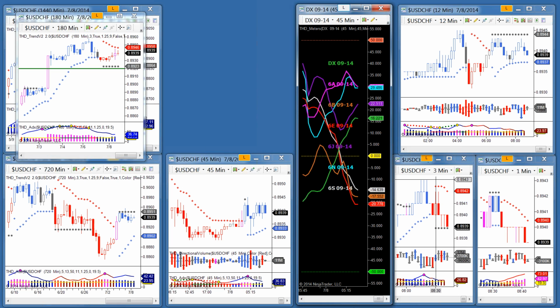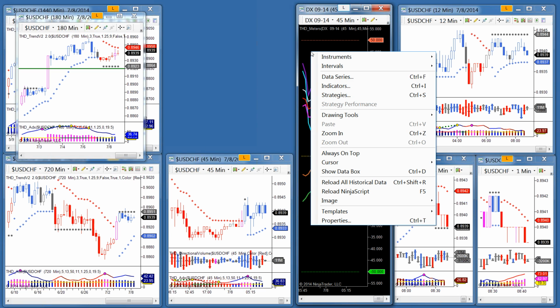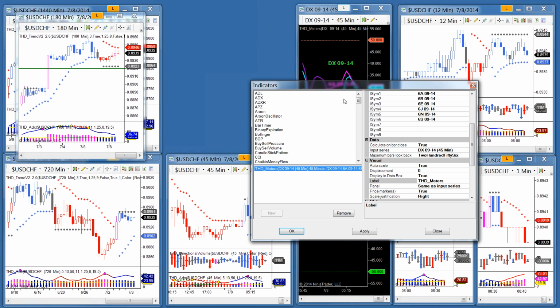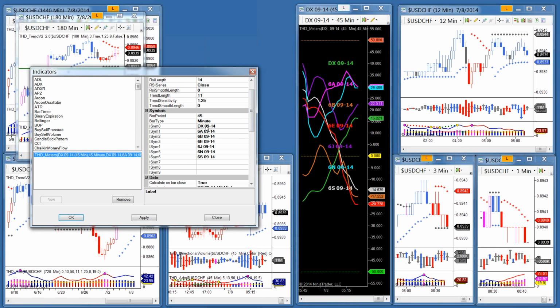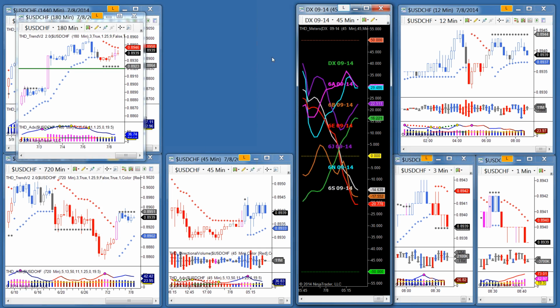If you have changed all of the symbols, so if you go to the indicator, highlight the THD meters, make sure they're all set to expire at the correct expiration date. Also make sure that when you load, if you're doing the indices, make sure that you load 15 days of data.